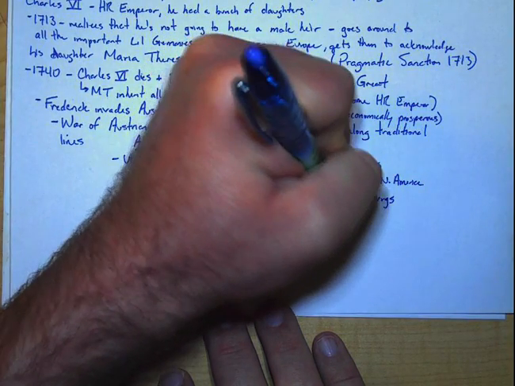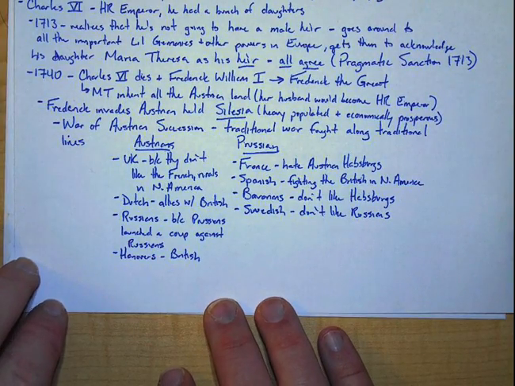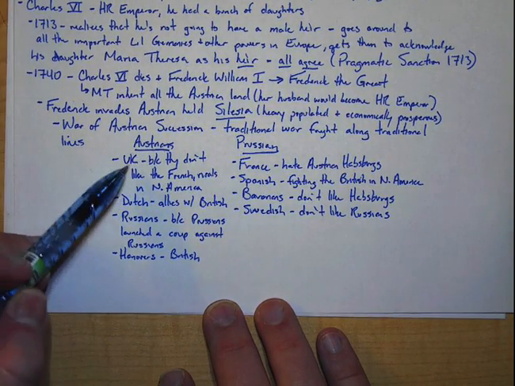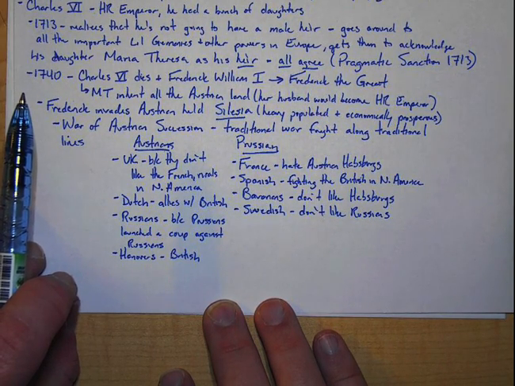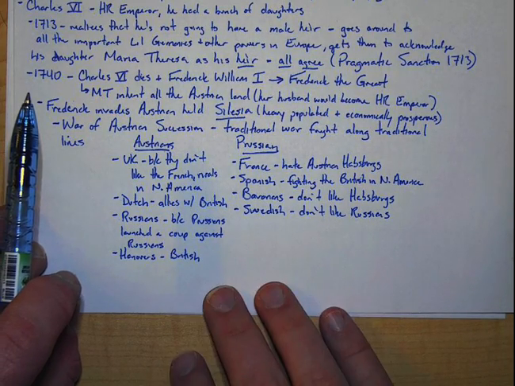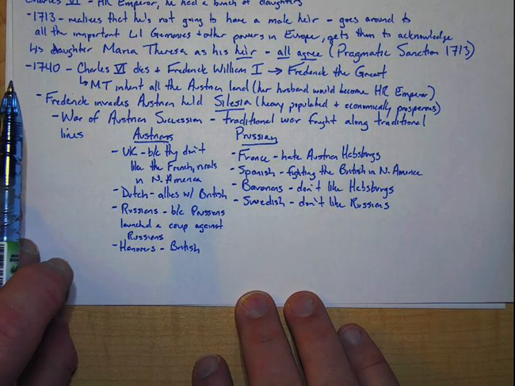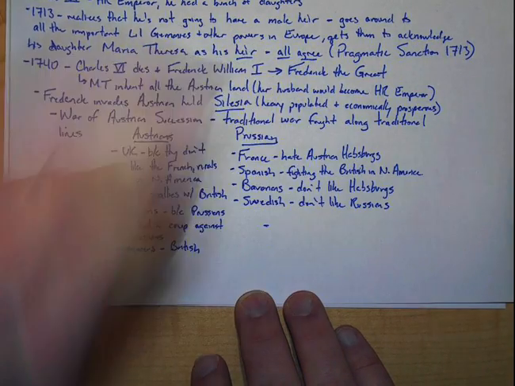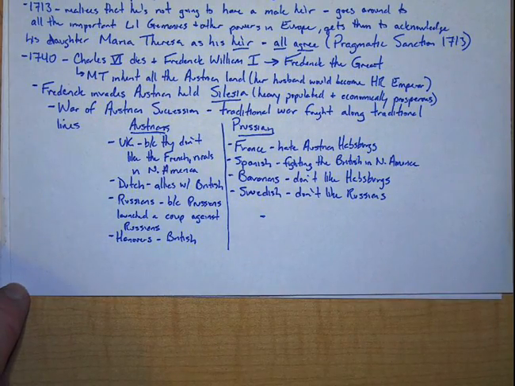The Swedish get involved because they don't like the Russians. These are pretty traditional lines. So you've got Prussia, France, Spain, Bavaria, and Sweden versus Austria, Great Britain, the Netherlands, the Russians, and the Hanoverians. It's a pretty basic standard war. The war itself is not all that interesting.